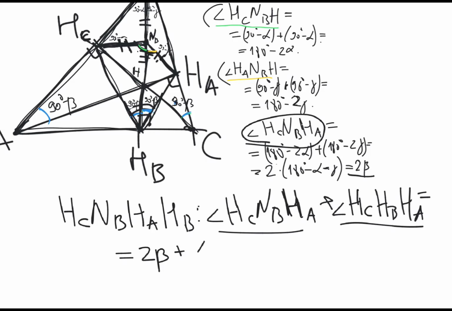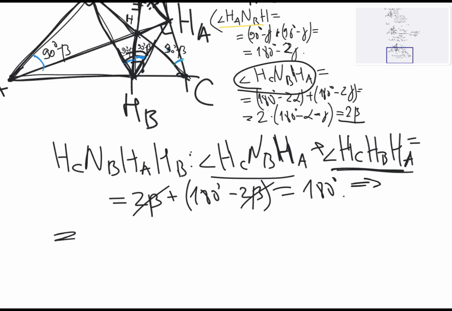So this is 180 minus 2 beta, right? So in total I see that 2 beta and 2 beta cancel each other, so in total we have 180 degrees, and this proves immediately that this quadrilateral is cyclic.